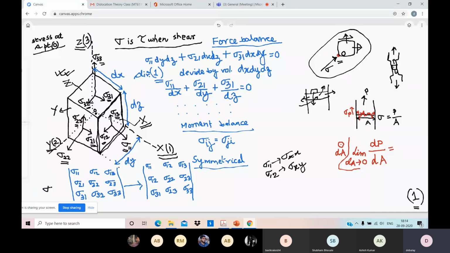So the overall stress tensor is represented as sigma ij, and sigma ij can be represented by the 9 stress components: sigma 1 1, sigma 1 2, sigma 1 3, sigma 2 1, sigma 2 2, sigma 2 3, sigma 3 1, sigma 3 2 and sigma 3 3. You can also write them in xy form: sigma xx, sigma xy, sigma xz, sigma yx, yy, yz, and then sigma zx, zy, zz.